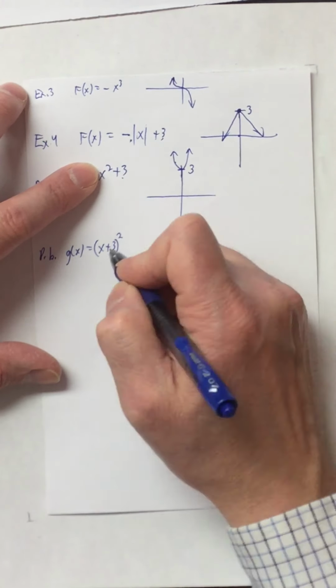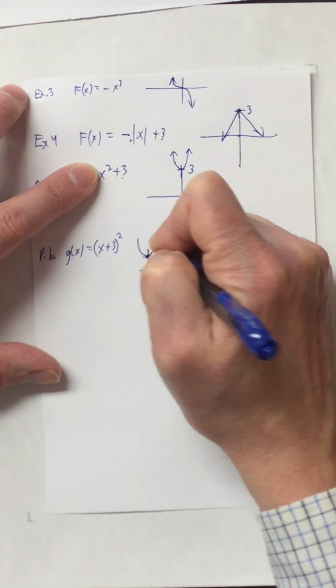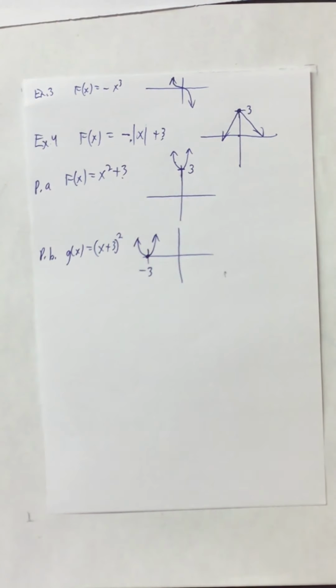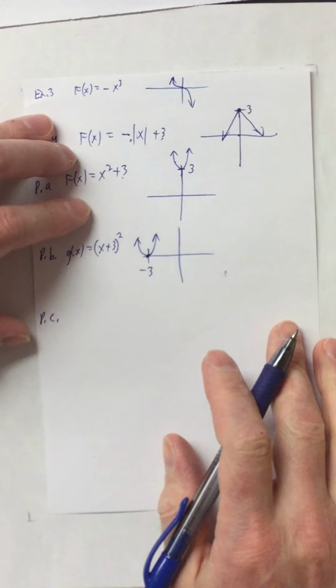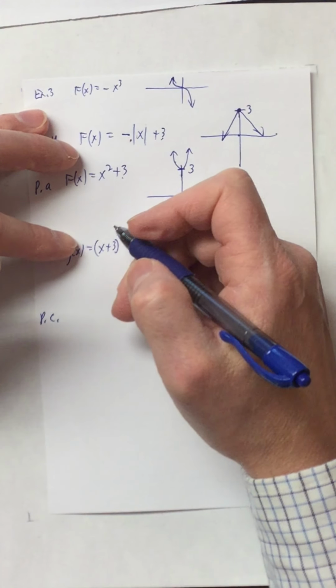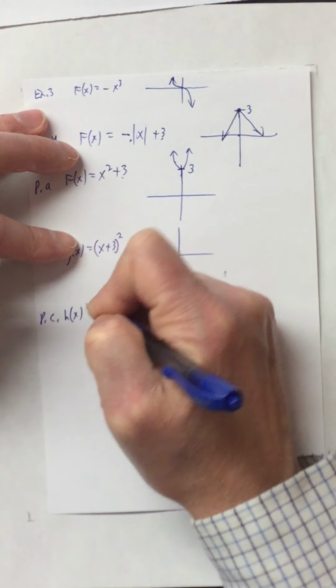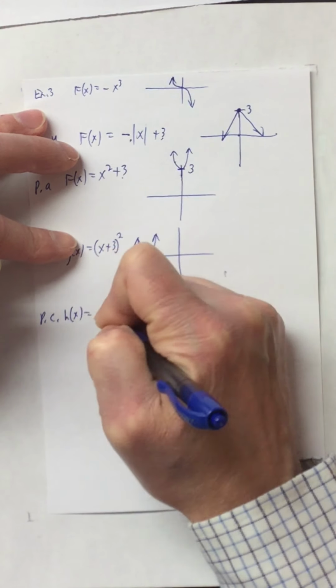So, and then remember, positive actually means toward the left, so I'm coming over here to -3 on the x, put a dot there, and put in my parabola. Okay, practice problem C. Practice problem C is h of x is equal to negative x squared.